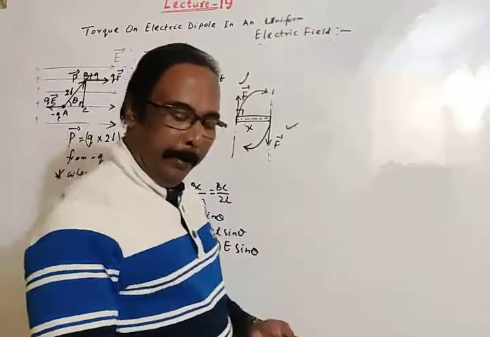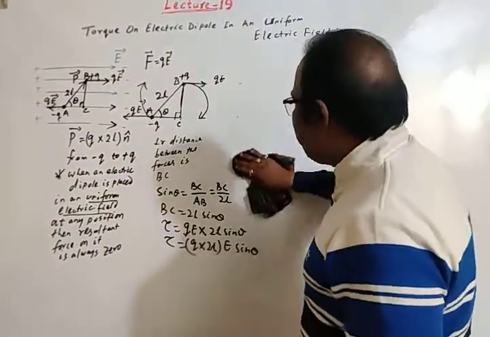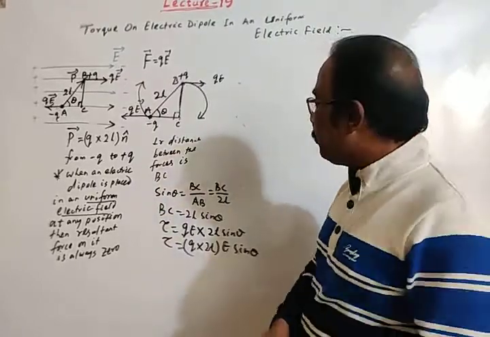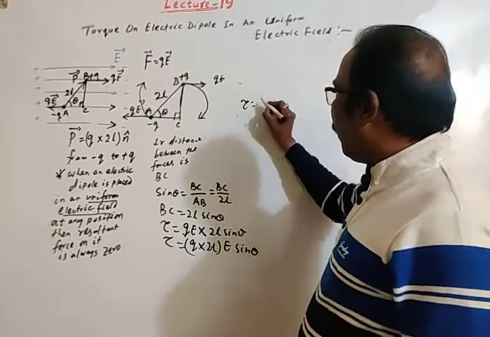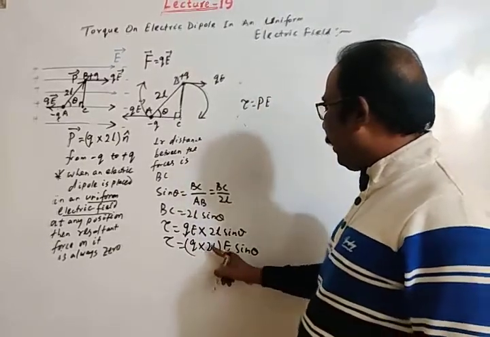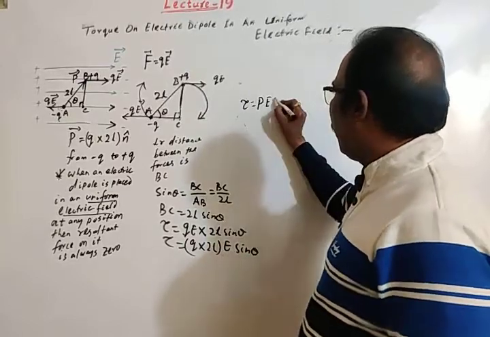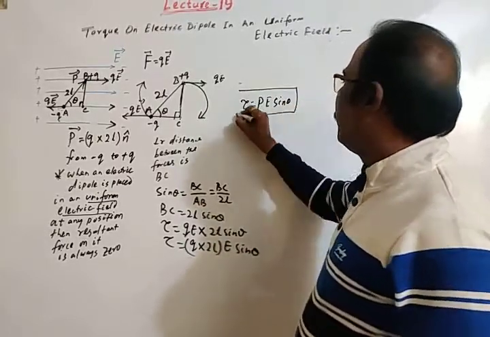Then the magnitude of torque: Q into 2L is the dipole moment, into E into sin theta. This is the magnitude of torque.